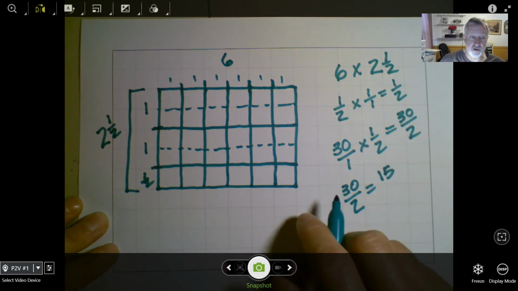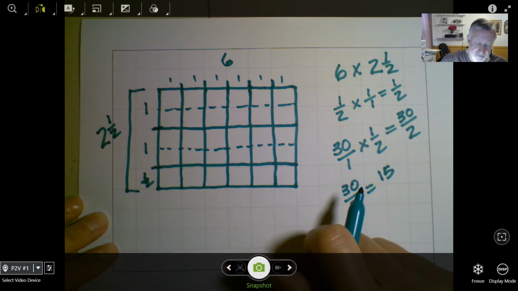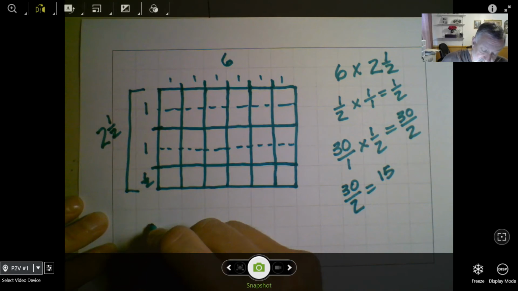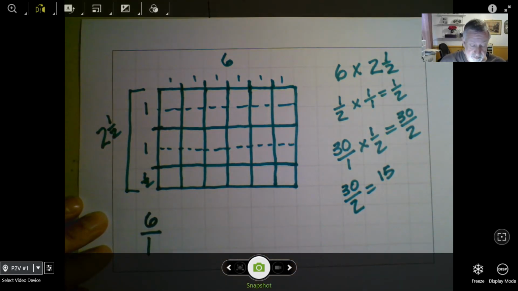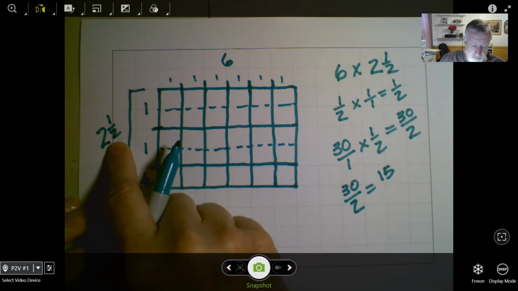Okay, and I'm going to turn each of those numbers into an improper fraction. Now, it's easy with the 6, because the 6 is a whole number. They're whole units. So I have 6 whole units.